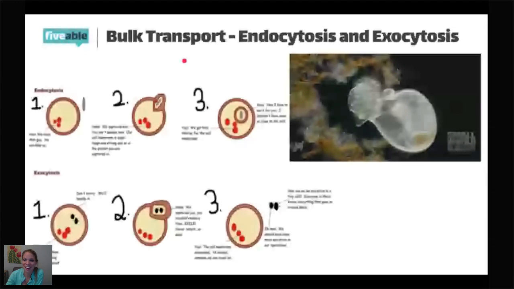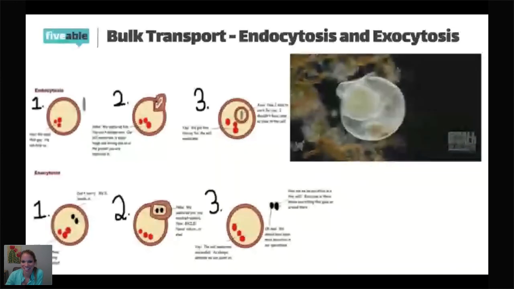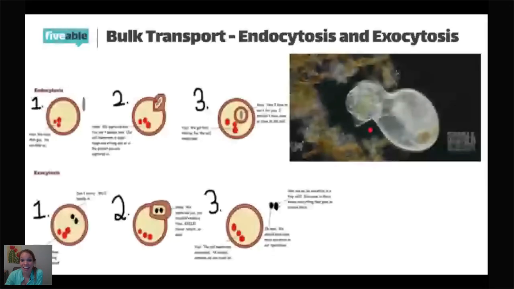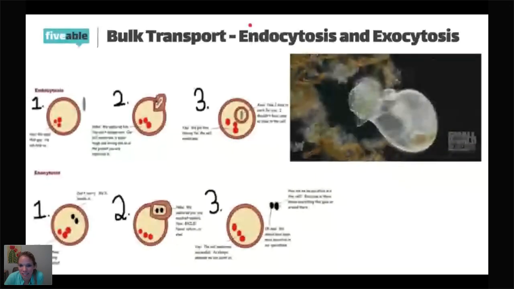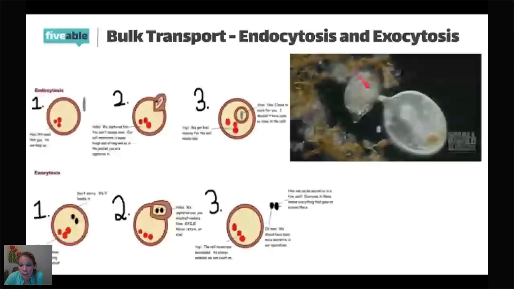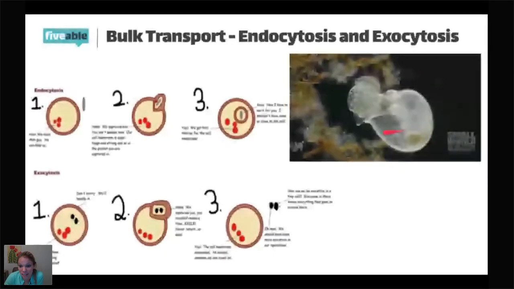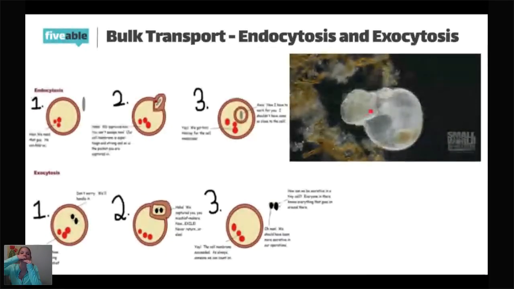Bulk transport! I love this one because I have this cute little GIF and you can see this cell and it's eating another cell. I mean, come on, y'all. Look at this guy. He is chowing down on another cell. He's got his big cell mouth going, and he just says, chomp. That's bulk transport.